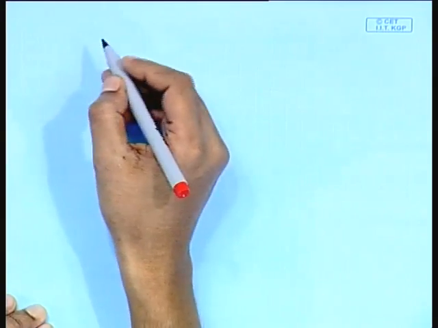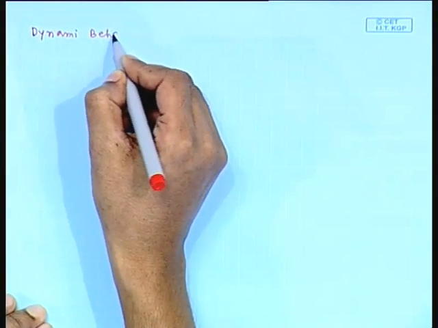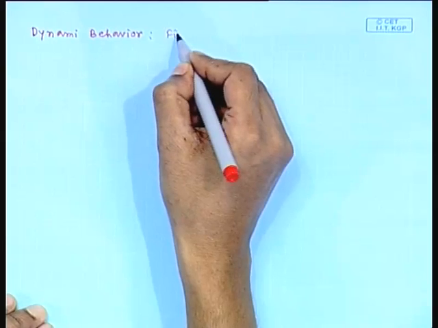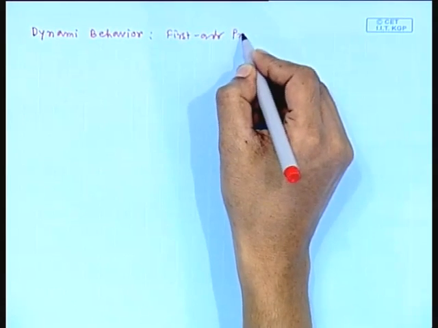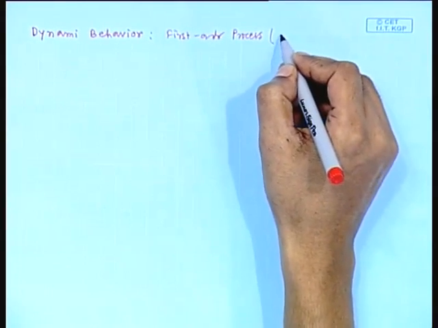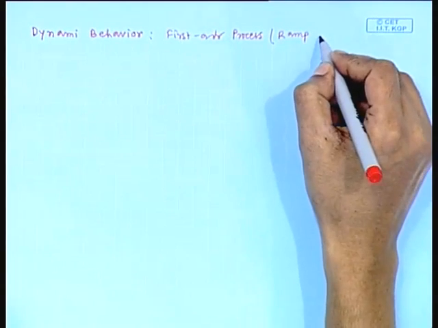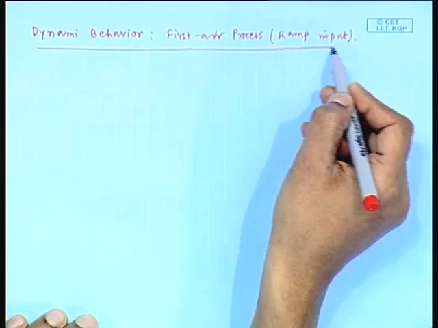So, the next topic is dynamic behavior, and we will consider first order process, and we will change the input as a ramp function. I mean the input is ramp input.